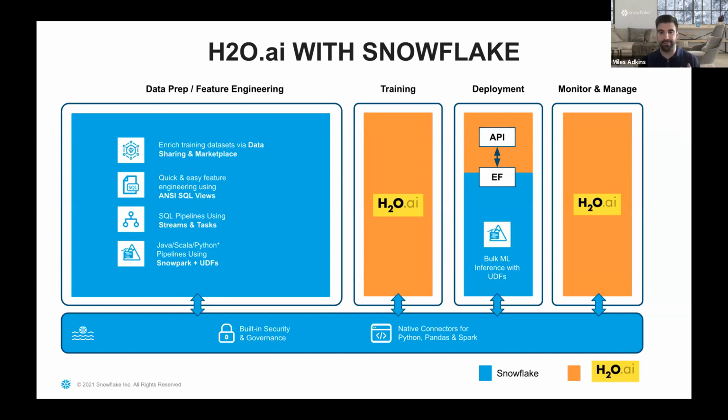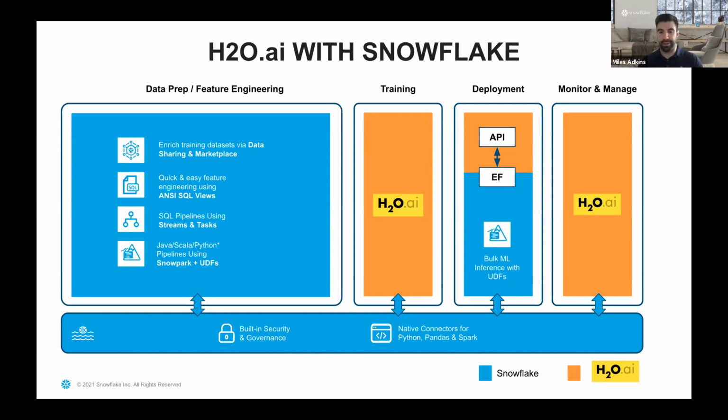And with that, you get to leverage Snowflake's unlimited scale up and scale out capability. Whether you're scoring 20,000 rows or 20 million rows, you can get the compute capacity that you need to make that an efficient job.